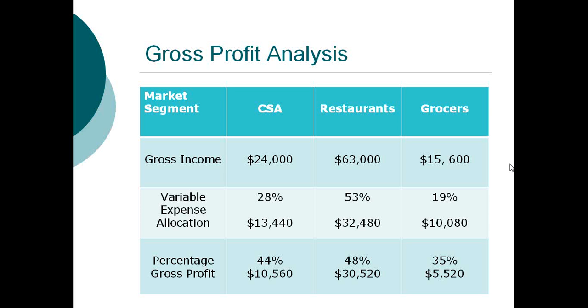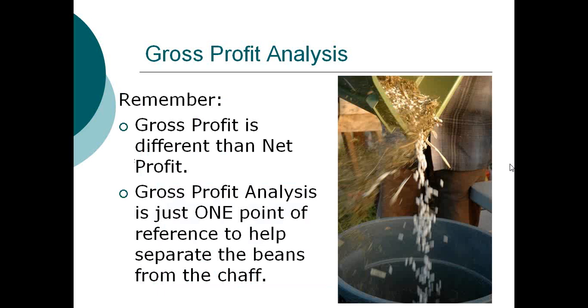On the next page, I think it's important to remember that gross profit is different than net profit. The numbers I showed you were really just our variable expenses, so that 44 or 48 or 35% profit still has to cover all of our fixed costs to get your net profit. But it's one point of analysis or reference to help separate what we call the beans from the chaff, since we don't grow wheat.